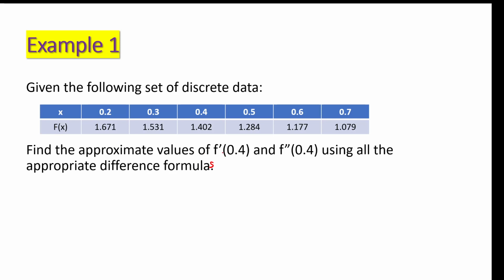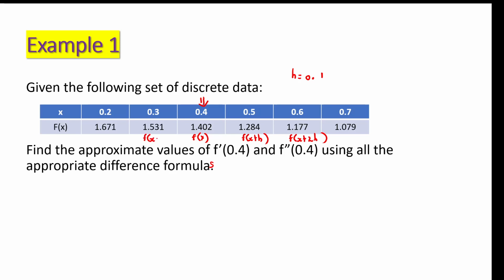So f prime 0.4 means x is standing here. You see the increment for each data is exactly h equal to 0.1. So this point will be your f(x). This is f(x+h), f(x+2h).